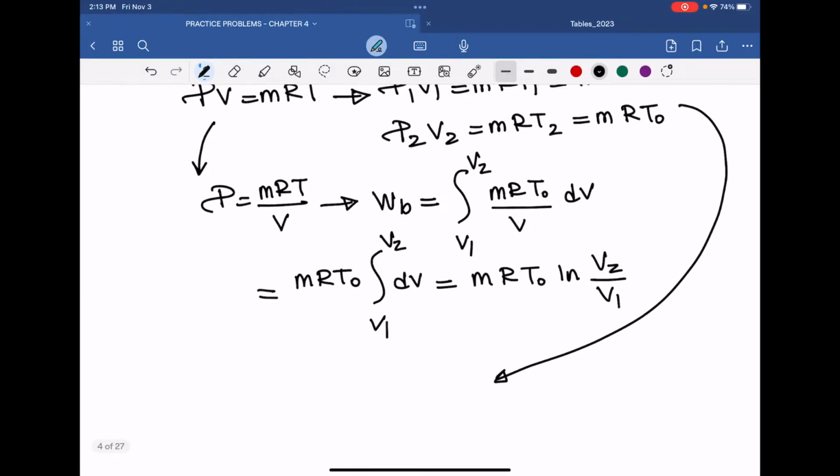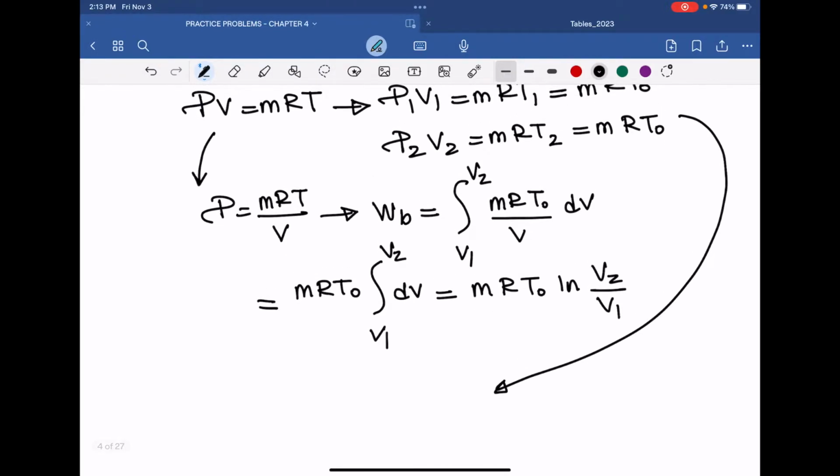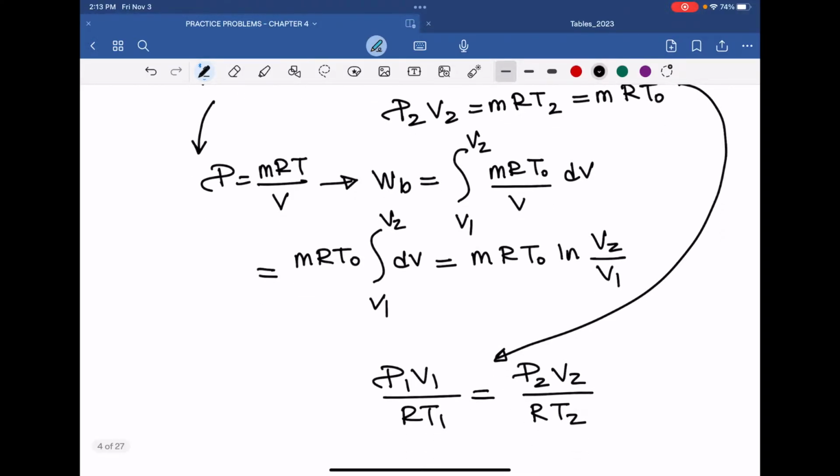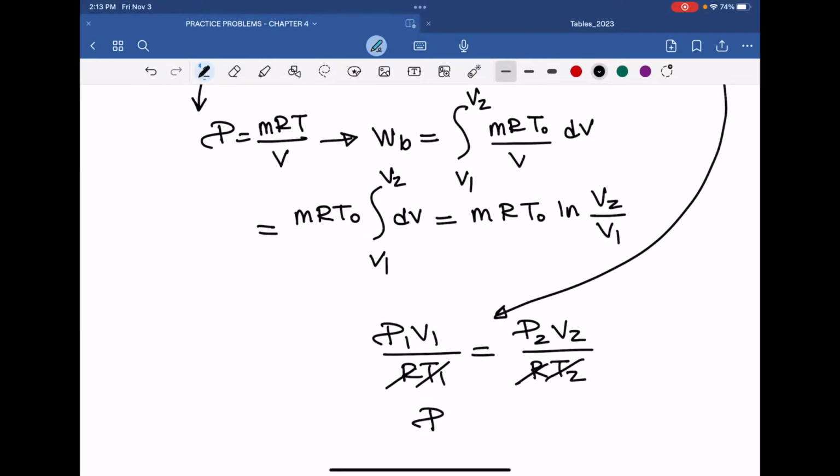You can replace V2 over V1 with P1 over P2, because we know that P1 V1 over RT1 is equal to P2 V2 over RT2, and then these are the same, and that means P1 over P2 is equal to V2 over V1.